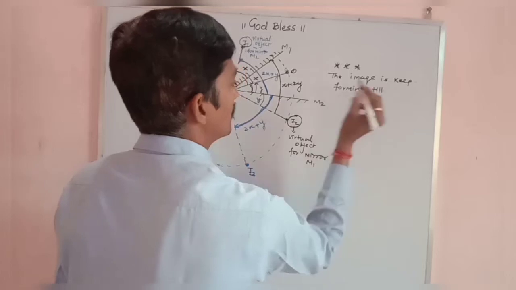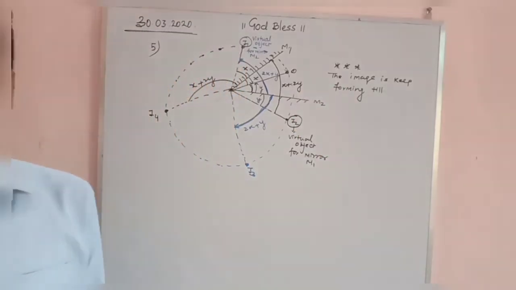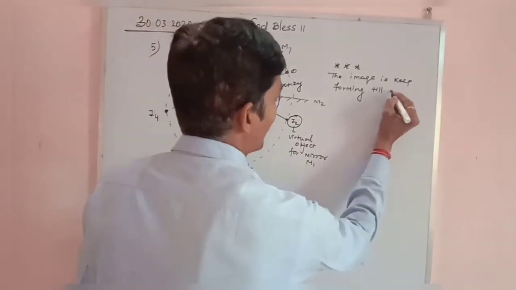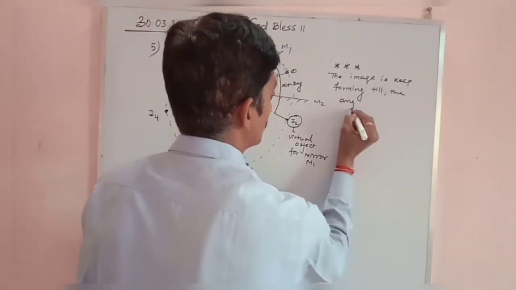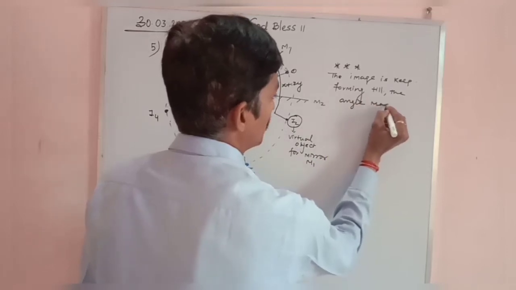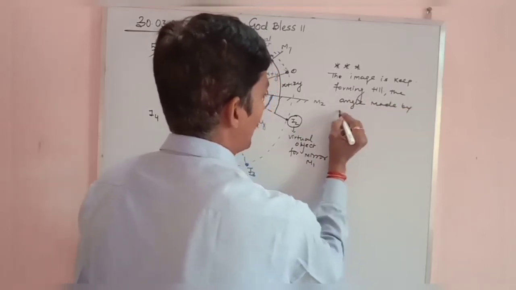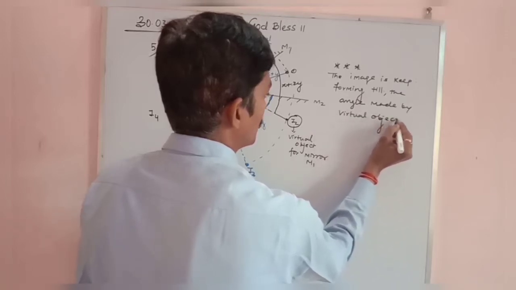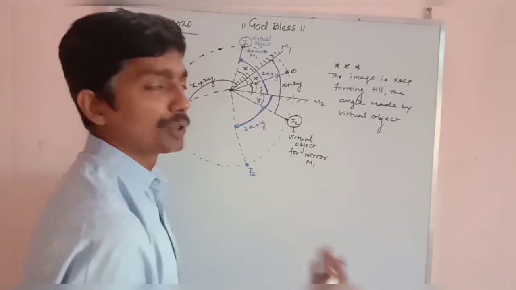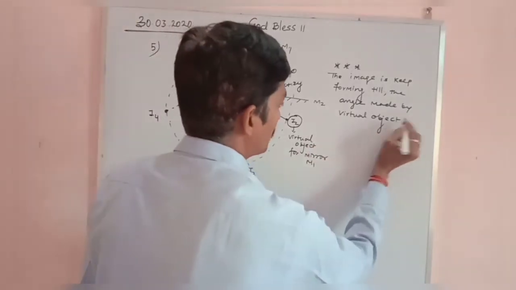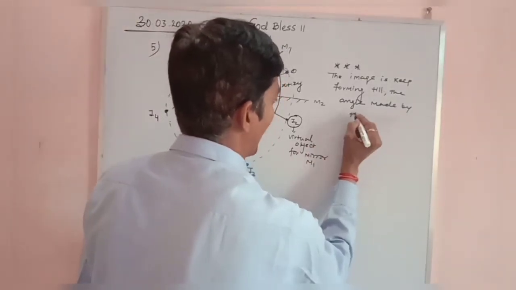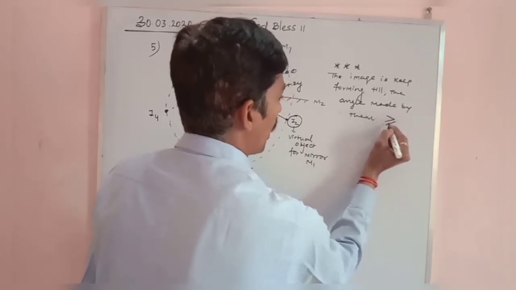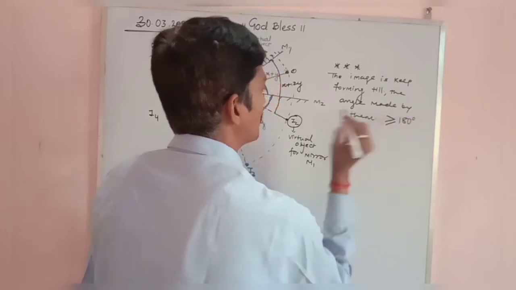The images keep forming till the angle made by the virtual object, or you can say the angle made by them, exceeds or equals 180 degree.